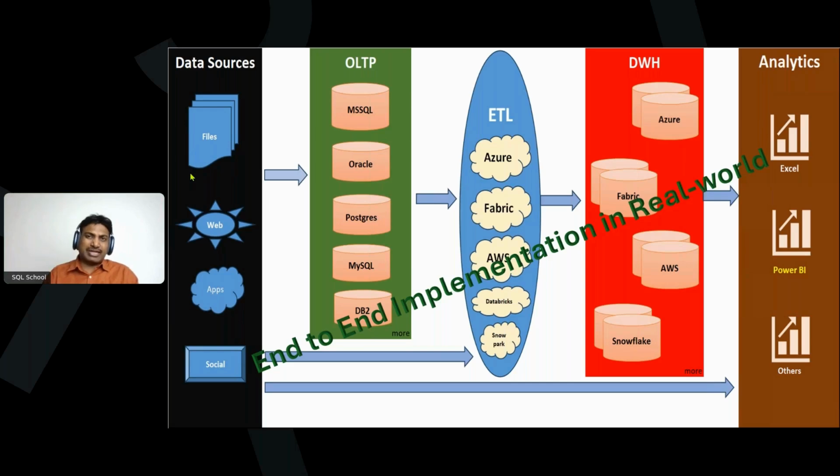I log into my website sqlschool.com and I enroll for this free workshop. Or I may find it from my social media, like my SQL School Facebook account. All this data goes to OLTP first. Right now we are in OLTP, our ongoing live class. But we will be using the same emails that you submitted for our future workshops as well.